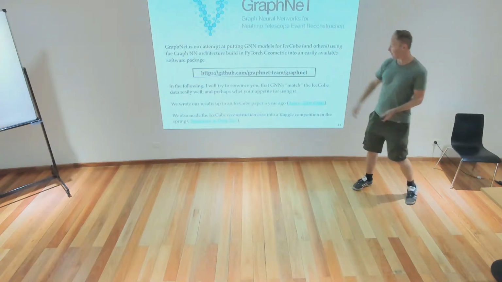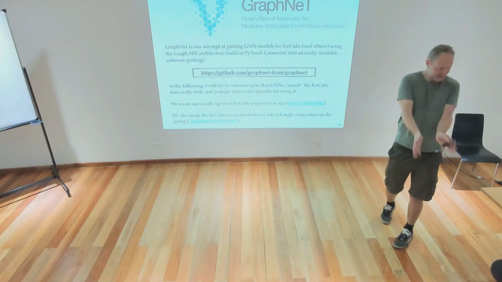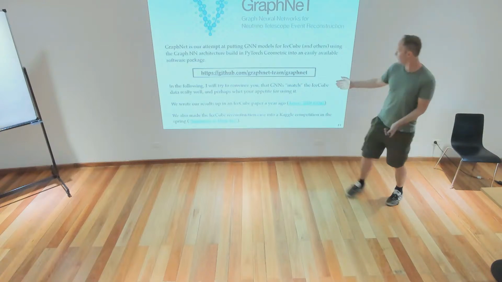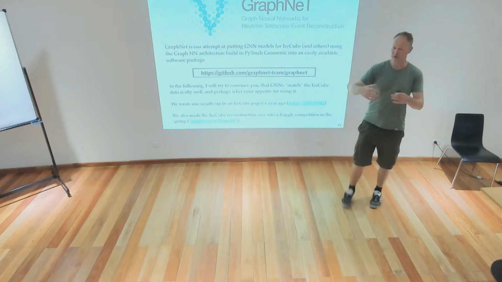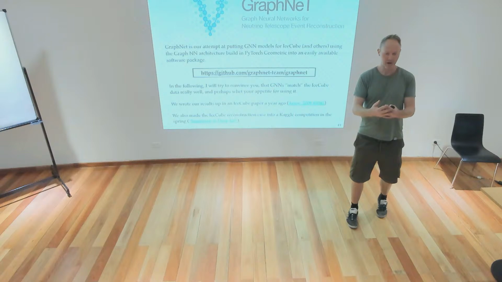We call it GraphNet. And the idea is there are more telescopes and things that are similar. We want to try to build a software package that makes it easy for all of these to go in. So the way we do it is we have workshops, and every experiment that comes brings a Monte Carlo file and contributes to the code by making something that reads this into the framework.